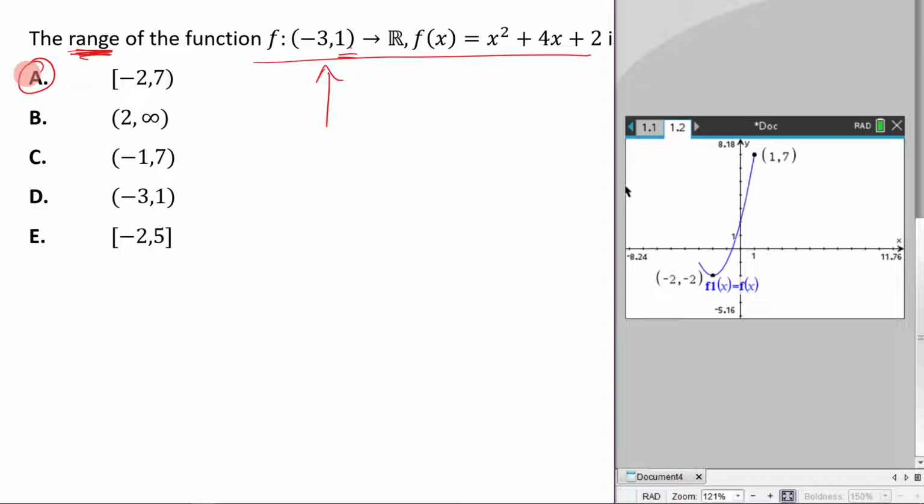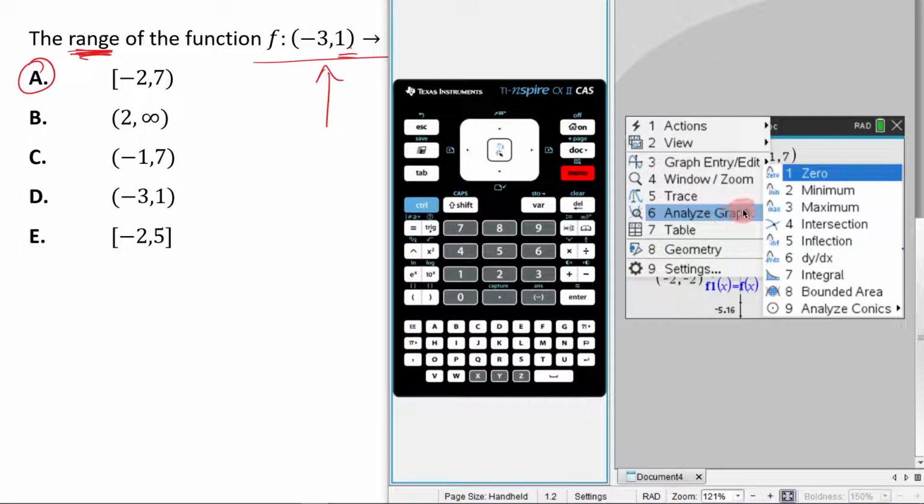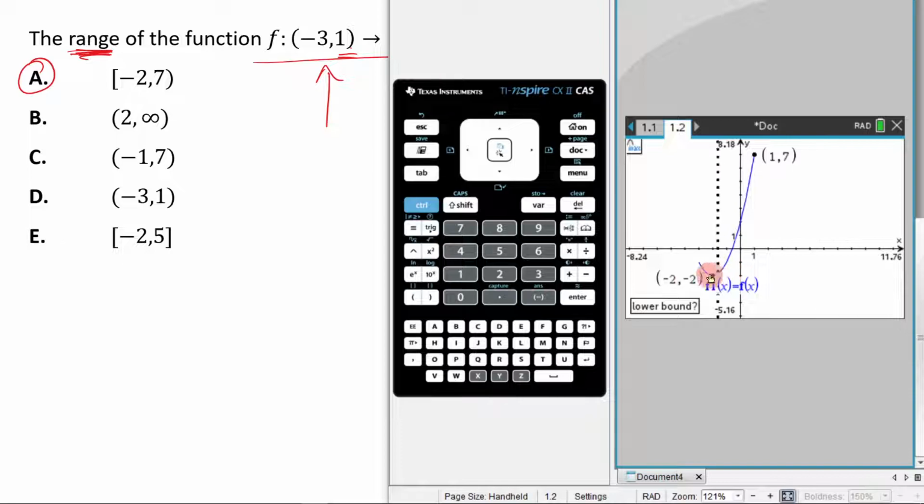You also need to get your head around what the multiple choice section is trying to do sometimes, and that is it's trying to trick you. As you can imagine, what most people would do in this situation is go, well, I'm going to find here. They would go like that, and they would say, oh, I'm starting from -1 and going to 7.